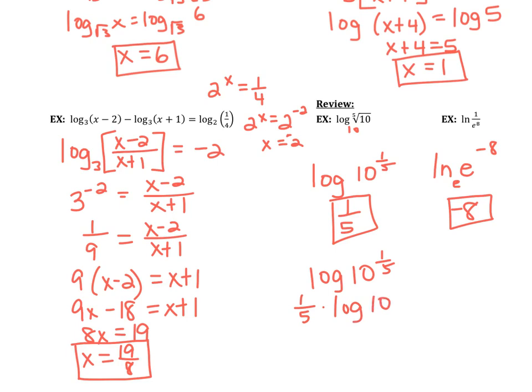So we have 1/5 times log of 10. Well, knowing what you know about logarithms now, what this means is, and remember there's an implied base 10 right here, what log of 10 means is 10 raised to some exponent is equal to 10. What is that exponent? That exponent is 1. So 1/5 times 1 will be equal to 1/5.